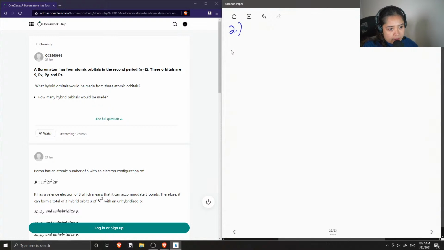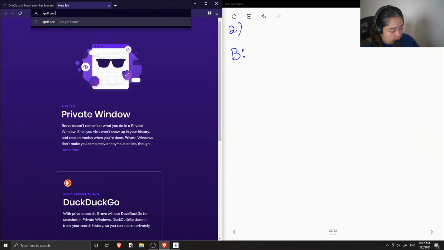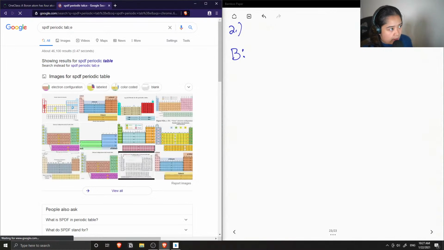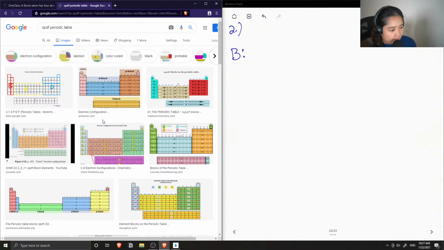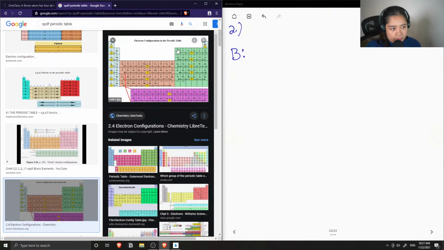Okay, so first let's write out the electron configuration of boron. So let's look up a periodic table that has all of the different orbitals sectioned out. And then starting from hydrogen, we just move left to right across the periodic table until we get to our desired element, which is boron, just found here.